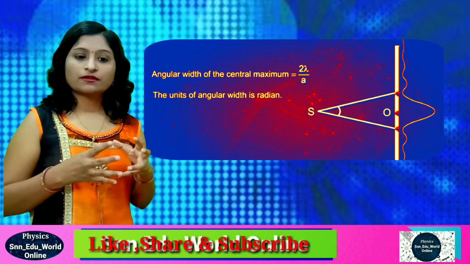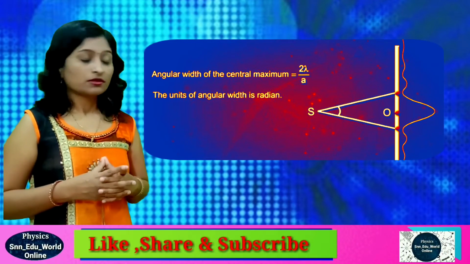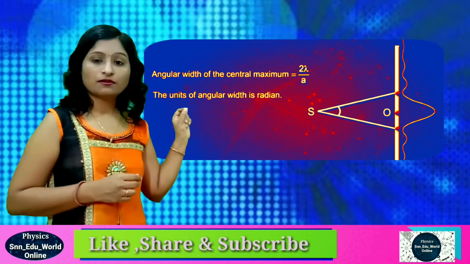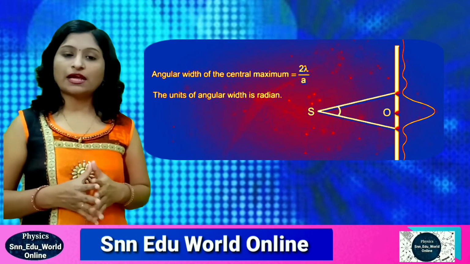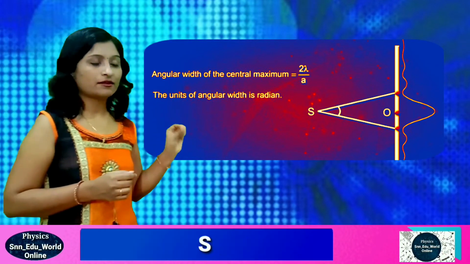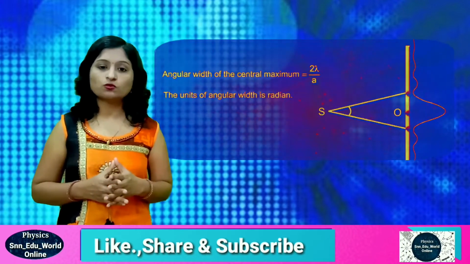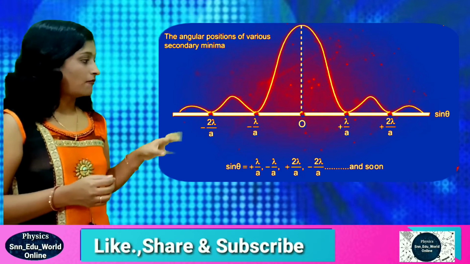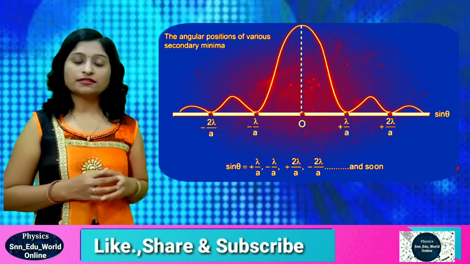So the angular width of the central maxima will be 2 lambda by A. Theta, or this angular width, is measured in radians, because the SI unit of plane angle is the radian. So it is calculated as 2 lambda by A.